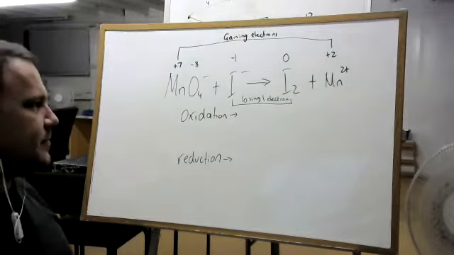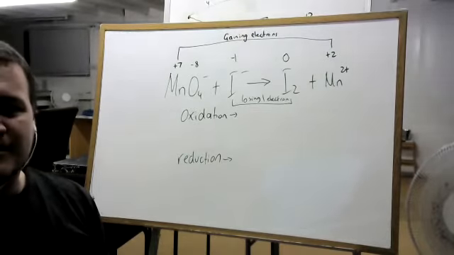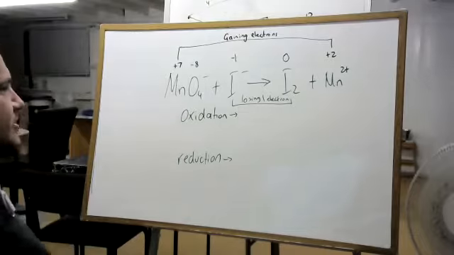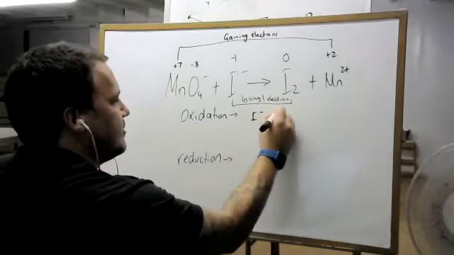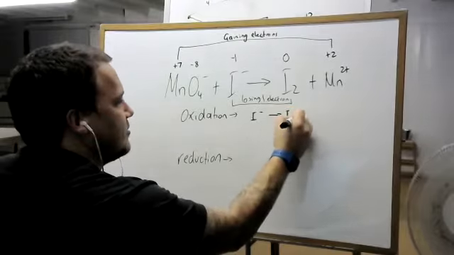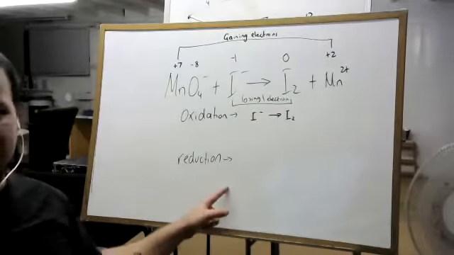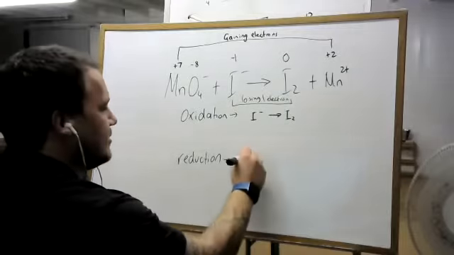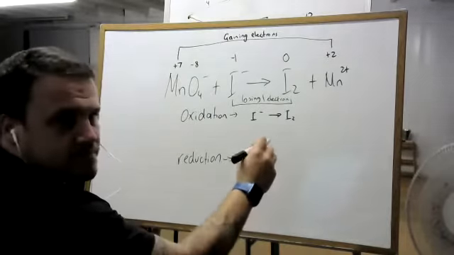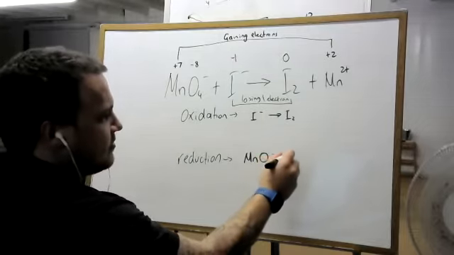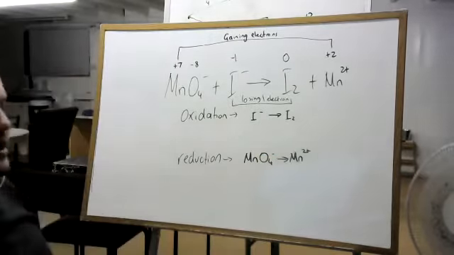Okay, so we write out our oxidation half reaction: I- gives us I2. We write our reduction half reaction as MnO4- gives us Mn2+.